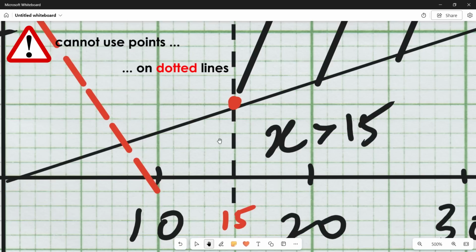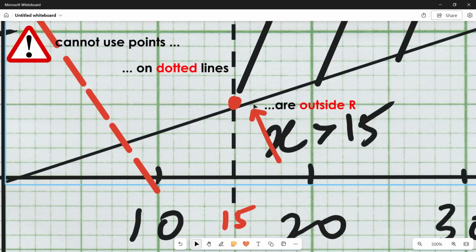So we cannot use the points on this dotted line. What we can do is find another point closer to the red dot here. One of the choices can be this one, the one below, but as you can see, this point is actually not inside the region, so we need to reject this one.